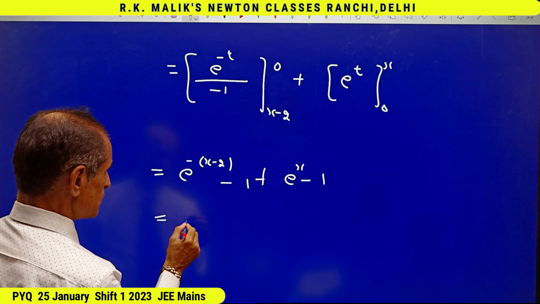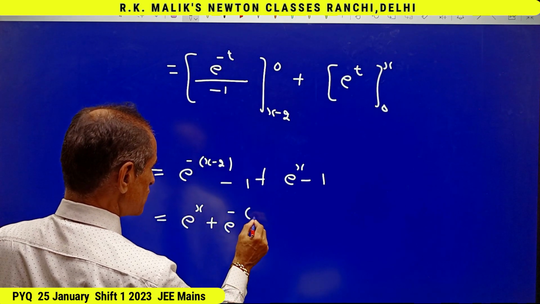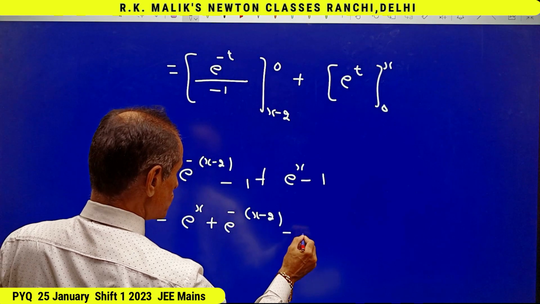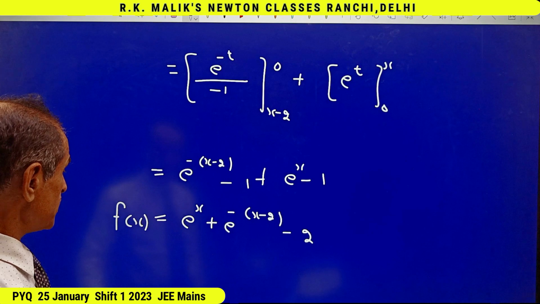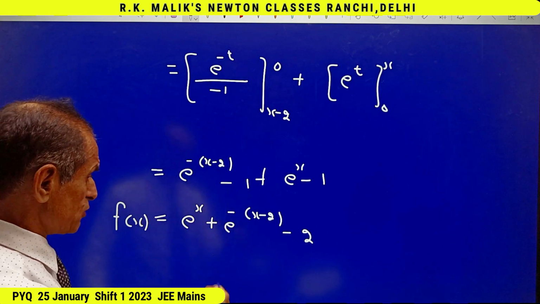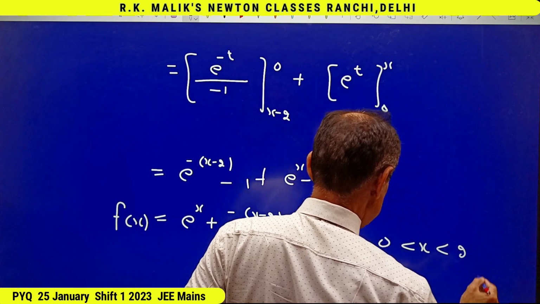That is, we get e power x plus e power minus of (x minus 2) minus 2. Hence we reach at the conclusion that f(x) is equal to this thing if 0 is less than x less than 2.